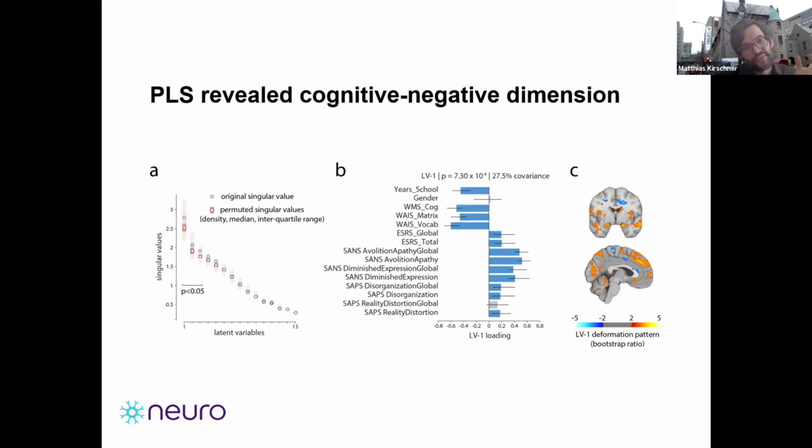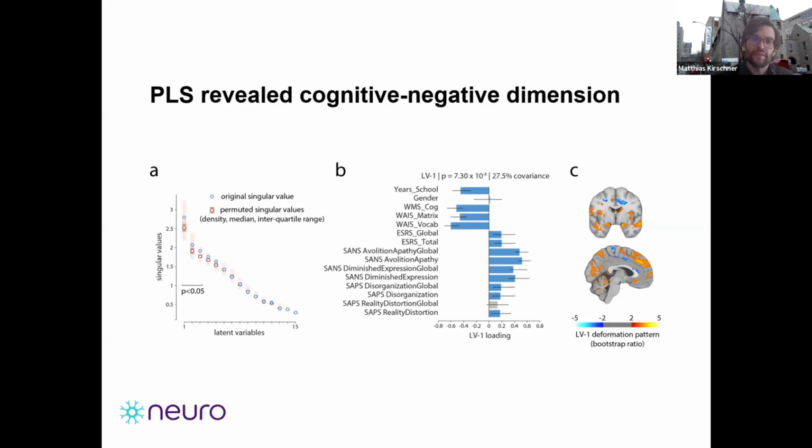This first latent clinical anatomical variable can be explained by cognitive symptoms and negative symptoms. This is what you see in figure B with the individual loadings of each of our variables.